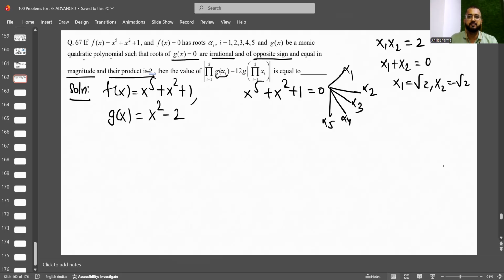It's g of alpha i, and this is also the product of alpha i's. Yeah, fine. Now this will give me the product for i equal to 1 to 5 of g of alpha i. So at least the product we know. So the product of alpha i, if we see here, then it is x to the power 5 plus x square, so we could write the product as plus 1. So this is 1.